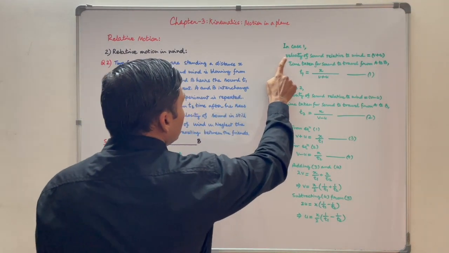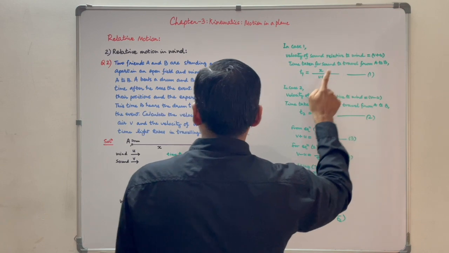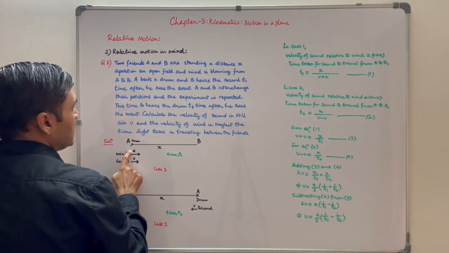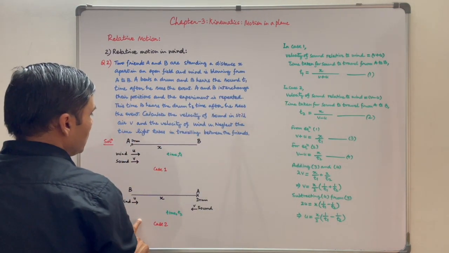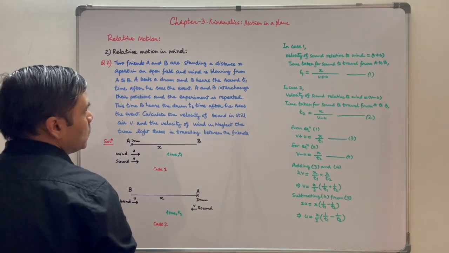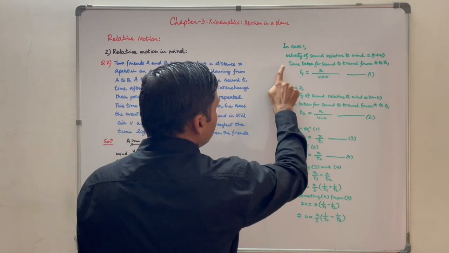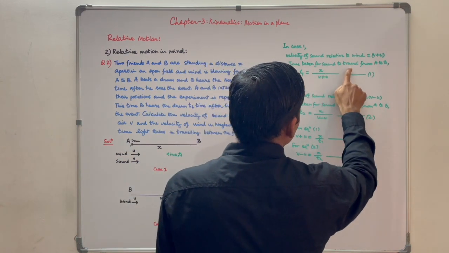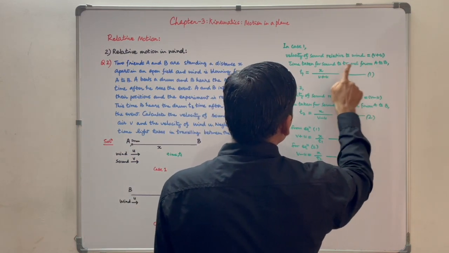In case 1, velocity of sound relative to ground will be V plus U. In second case, velocity of sound will be V minus U. So in case 1, time taken for sound to travel from A to B will be T1.